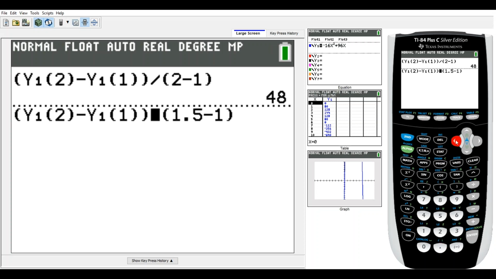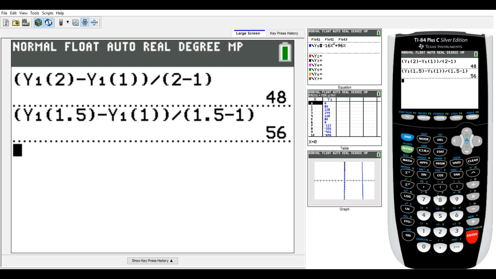I'm going to come over and do that same thing to this 2. And I'm going to use that second insert feature again once I get rid of the 2. There we go. So deleting the 2, and then I'm going to hit second insert, and I want 1.5 there. Okay. Right now it's 56.